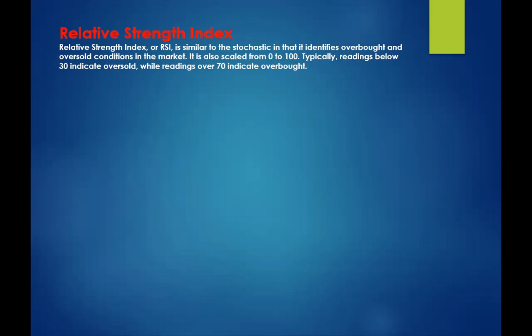So what that implies is that if the market has been buying all this while, going up, going up, going up, and we have RSI like this, like this, and like this. This is 70, and this is 30.